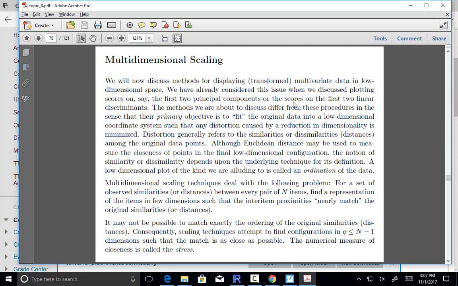You want to build a model for some response, but you have too many predictor variables, so you want to limit your attention to a smaller number. Or, like we've done with principal components, you're just trying to learn about the essence of the data. So if it's really high dimensional, you can't really visualize it, but if you can represent it with a lower dimensional framework, maybe you can learn about structural relationships.